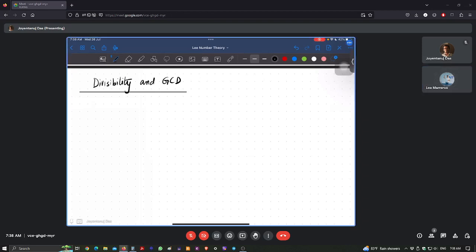So the first definition is, suppose m and n are integers, and n is not equal to 0, then we say that m divides n if n is a multiple of m. So this is obvious, right? If there exists an integer k such that n equals k times m.